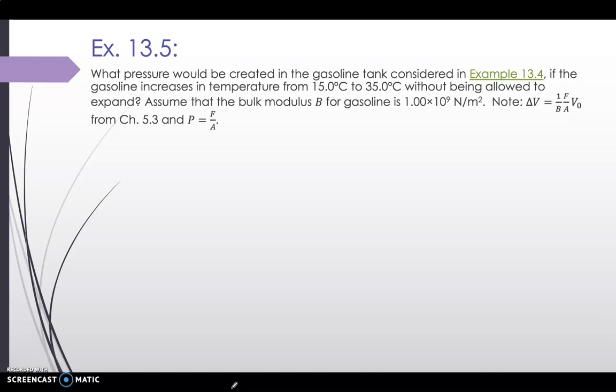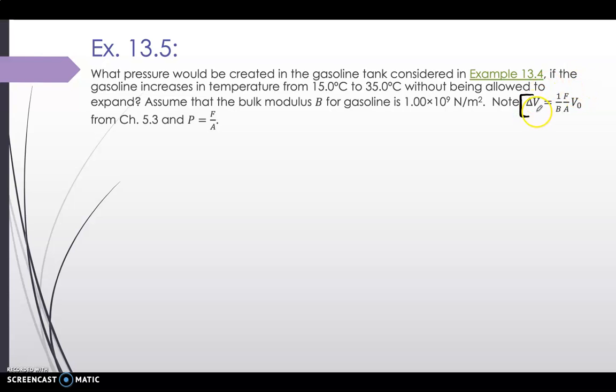And it says assume that the bulk modulus B for gasoline is 1 times 10 to the 9th newtons per meter squared. I didn't talk about the bulk modulus previously, but I have the definition here.